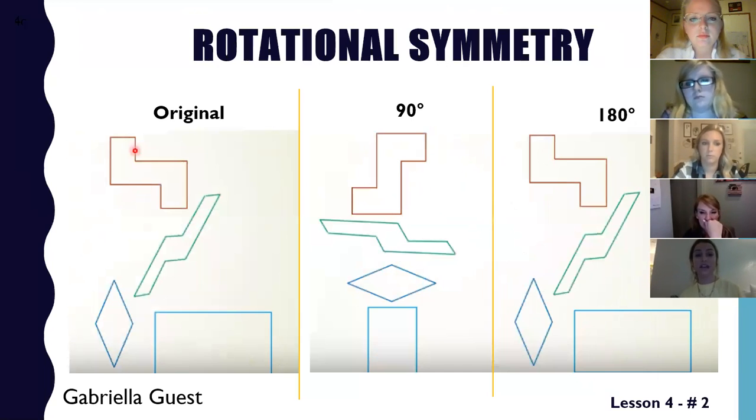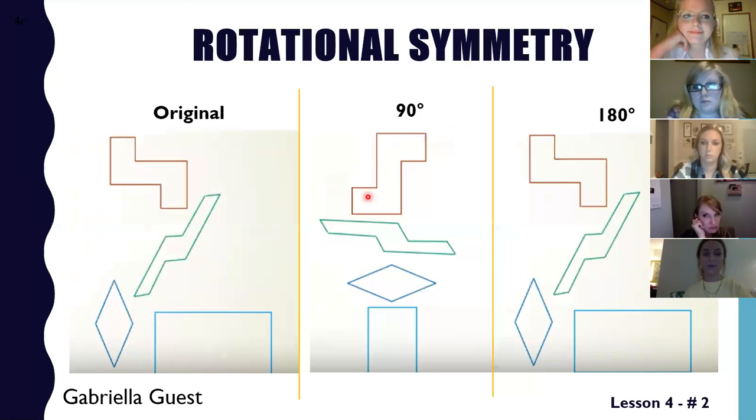We took these out from the last slide, and we found out which ones had rotational symmetry, which were all these, because let's look at them in a 90-degree rotation and then a 180-degree rotation. If you look at the 180 degrees, they look exactly like the original. They are in the same position, same size, same shape, same everything. So that's how we know that all of these have rotational symmetry.